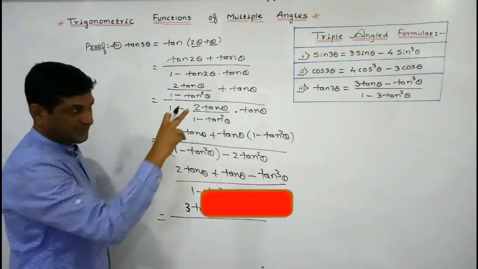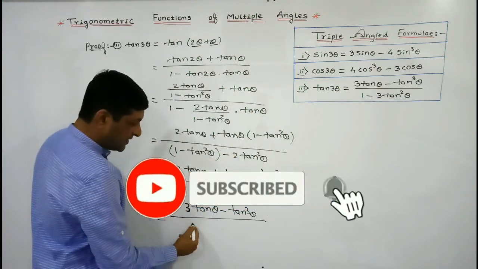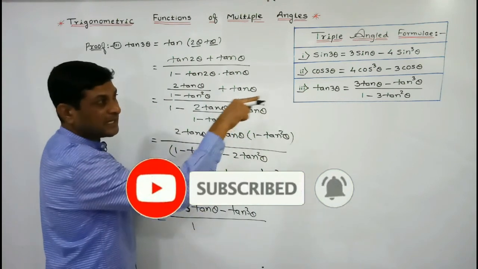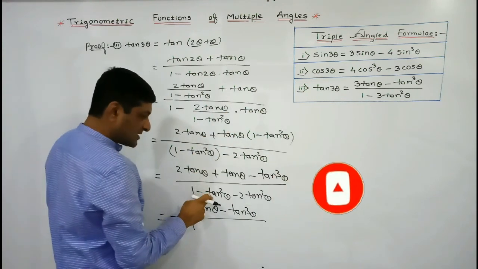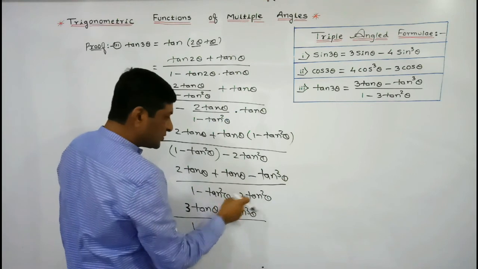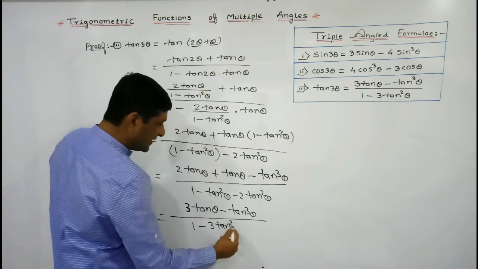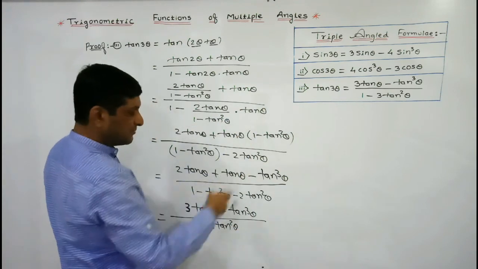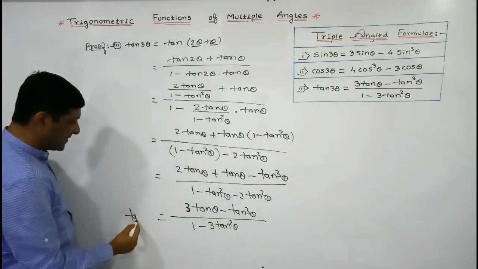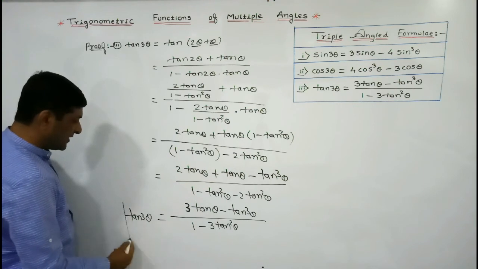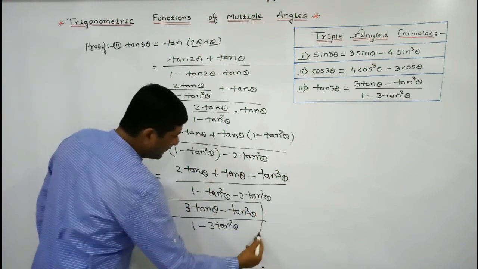Now observe the denominator. In the denominator the first term is 1, already 1 is there, and then collect the terms of tan square. Minus tan square theta minus 2 tan square theta will be minus 3 tan square theta, and this is nothing but the required value of tan 3 theta. In this way we have proved the triple angle formulas also.